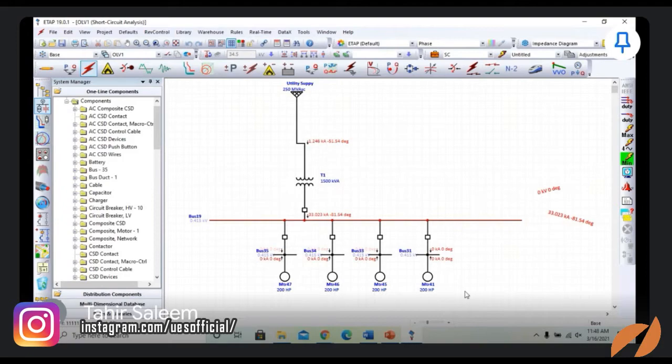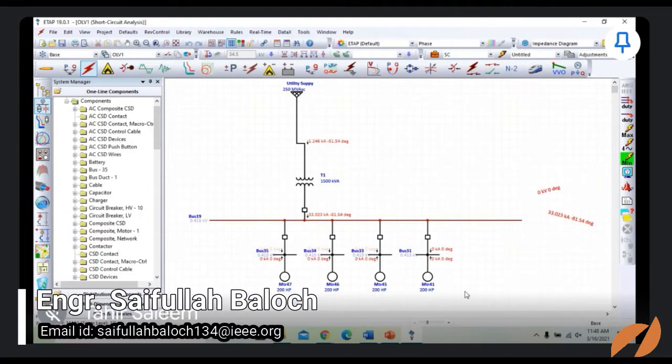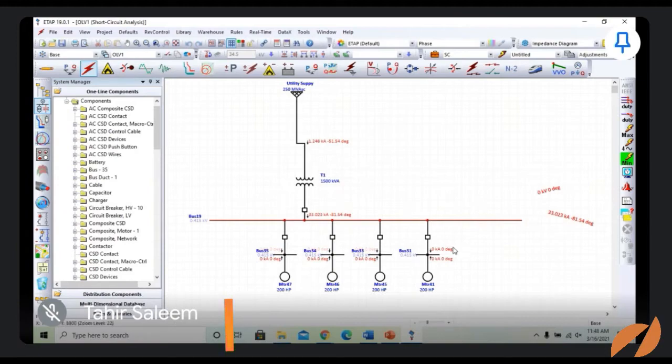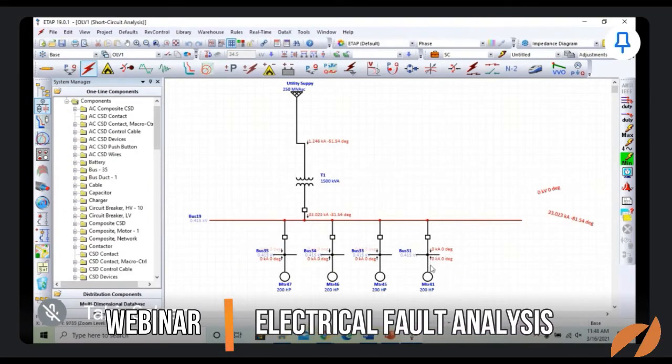But by the time the current has reached its 30th cycle, the motor would have already stopped, and it will not contribute current toward the main bus bar. So you don't need to get confused because of this zero current at this bus bar. The only current we get is from the utility supply, that will be 33 kiloampere, having an angle of minus 81 degrees.